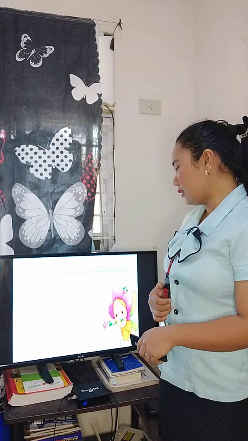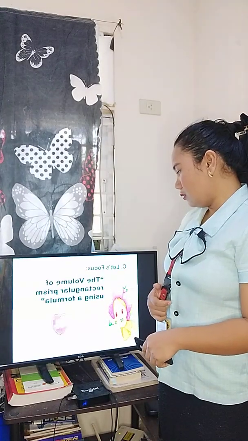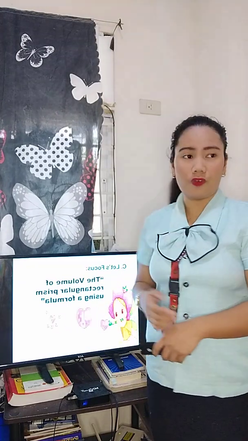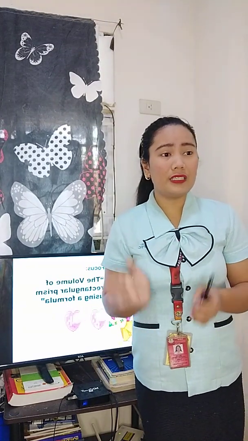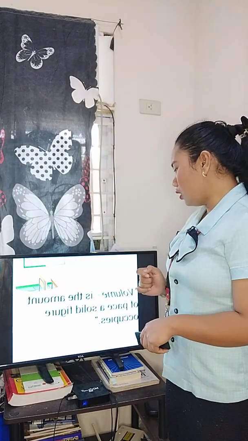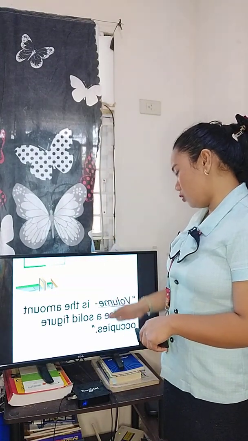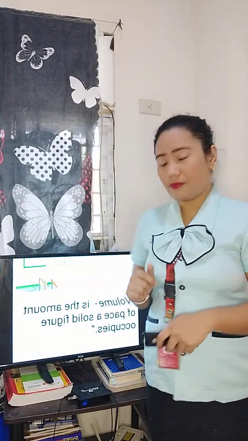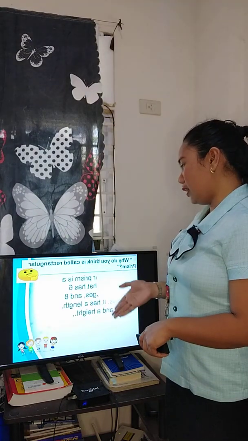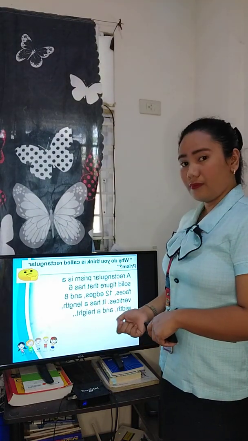Next, for our lesson, the volume of a rectangular prism using a formula. Now, let's recall what a volume is. Volume is the amount of space a solid figure occupies. Right now, let's go back to the rectangular prism. Why do you think it's called a rectangular prism?